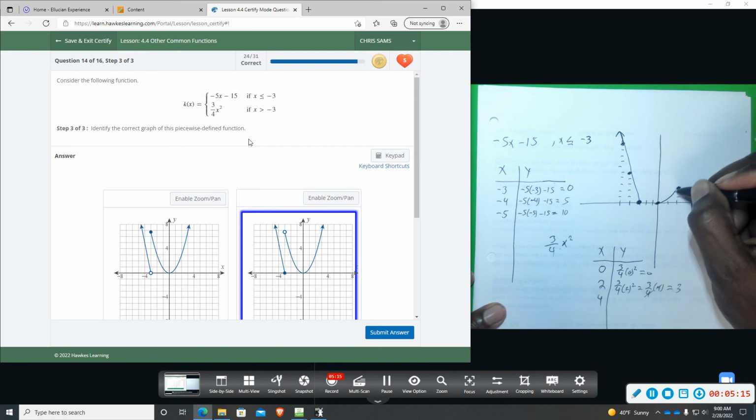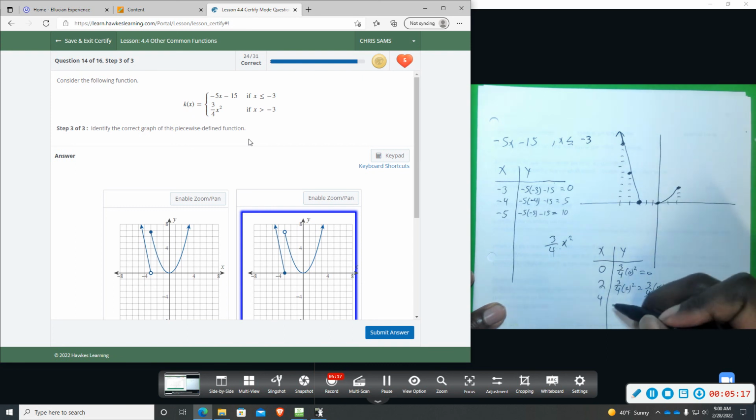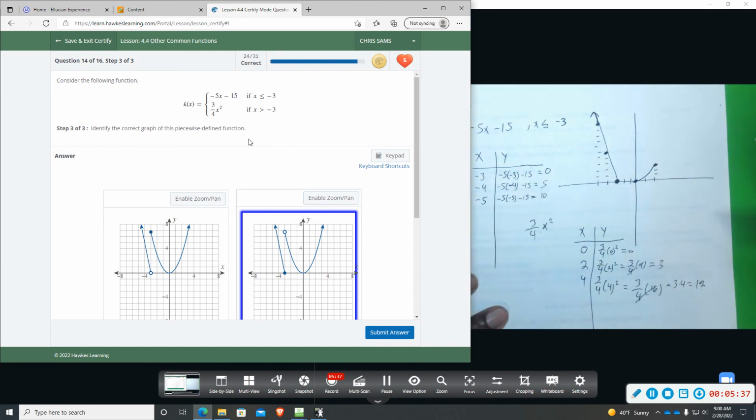So this is going like this, and then if I did 4, 3 over 4 times 4 squared, that would be 3 over 4 times 16, and then 16 divided by 4 is 4, so you have 3 times 4, which gives you 12. So you have the ordered pair 4, 12.